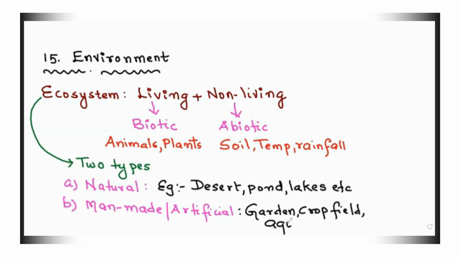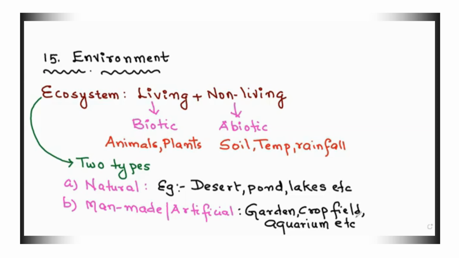All these are examples for man-made ecosystem. So in total, our environment consists of ecosystem, which consists of living and non-living components. Living components are called biotic, and the non-living physical factors are called abiotic.